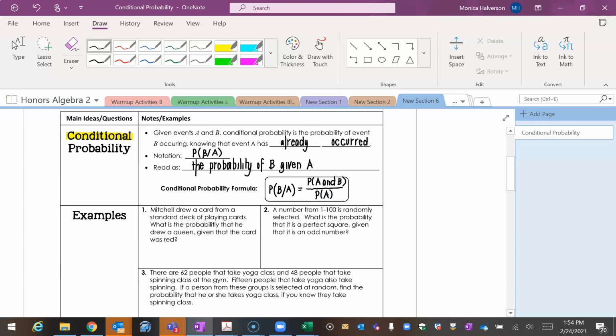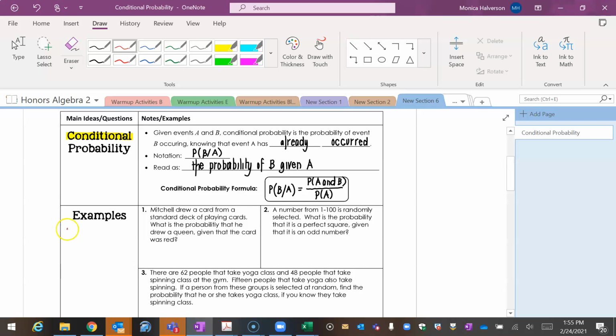So let's look at an example like this. Mitchell drew a card from a standard deck of playing cards. What is the probability that he drew a queen given that the card was red? In this case, what you need to recognize is what is event A and what is event B. A is the event that has already occurred.